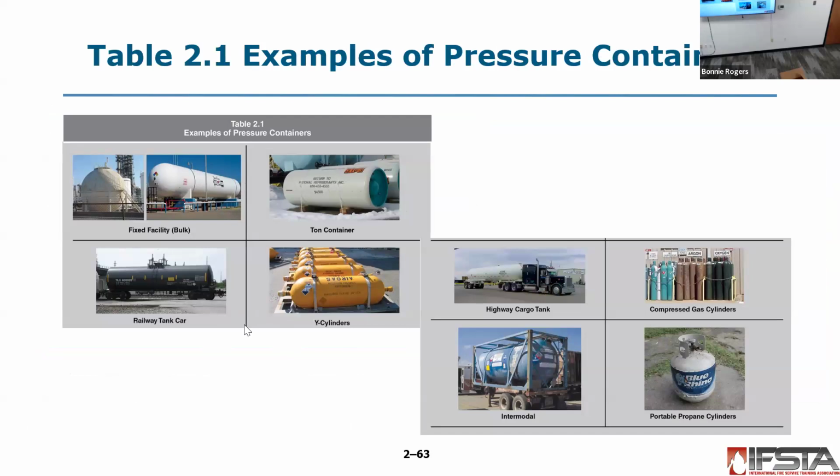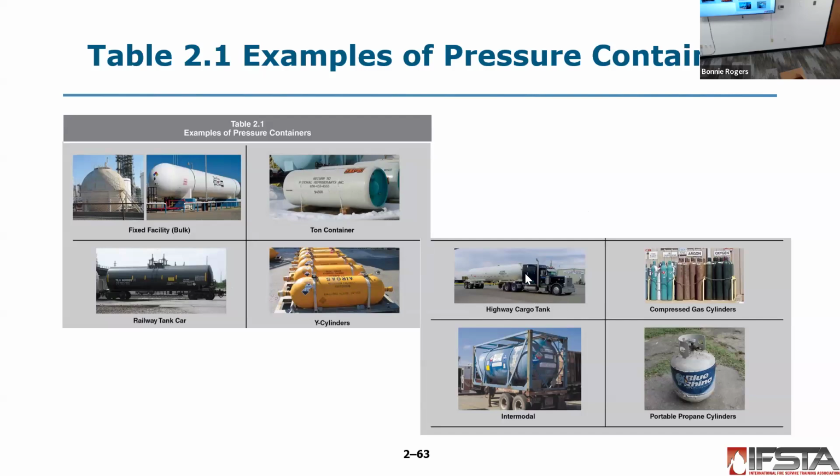Rounded ends. Fixed facility, that's not going anywhere on a good day. These are big. Really big. This is just giving you some awareness, and like I said, we're going to go really deep into it in operations.